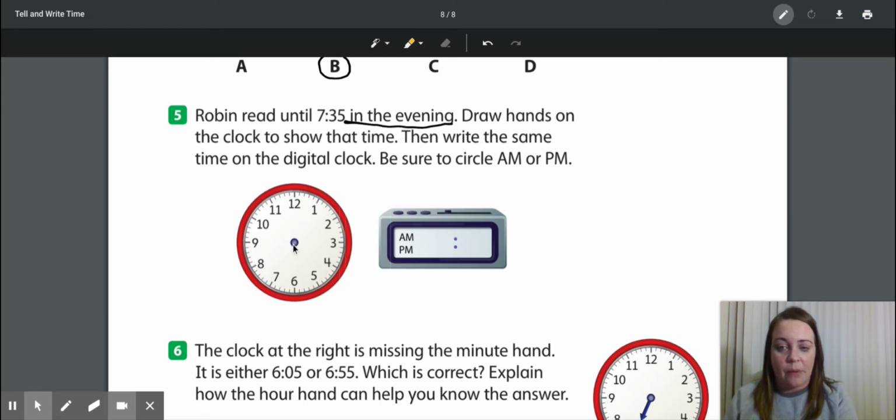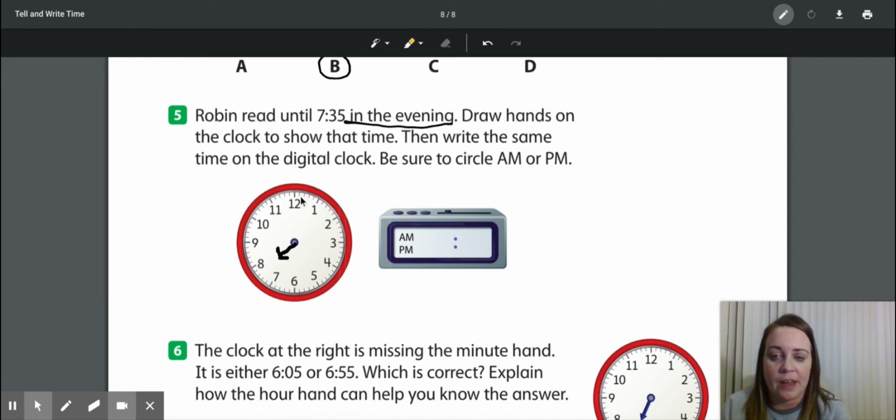That means our hour hand is going to be just a little bit past 7. Remember that hour hand is the shorter one, so we don't want to go all the way down. We want to make sure people know that's our hour. So it's between the 7 and 8, because the hour is still 7 something.